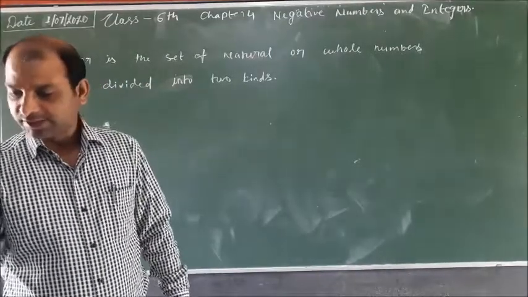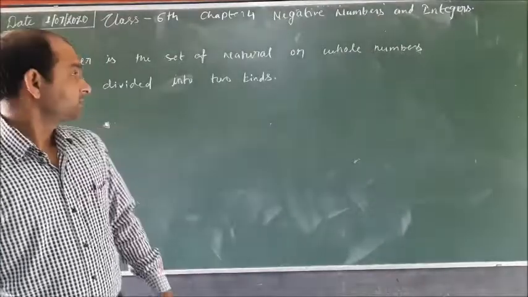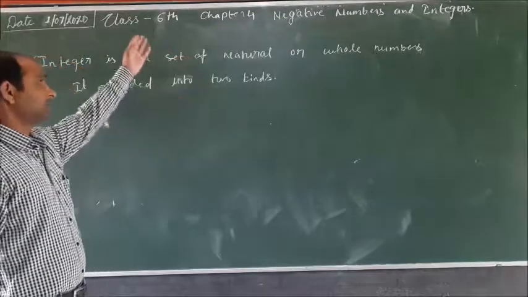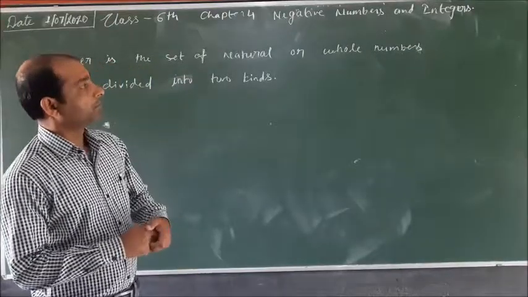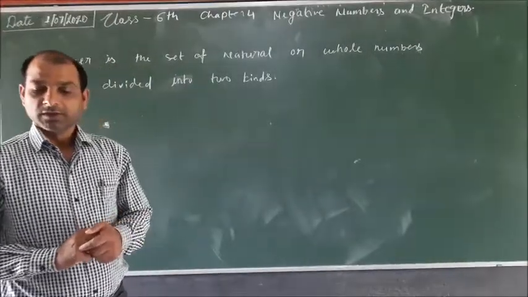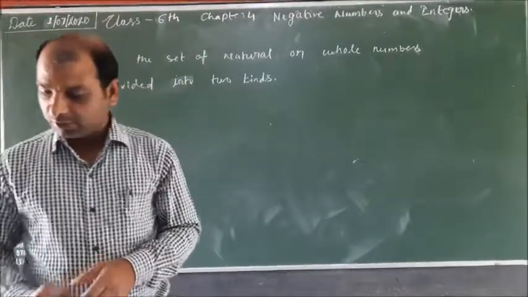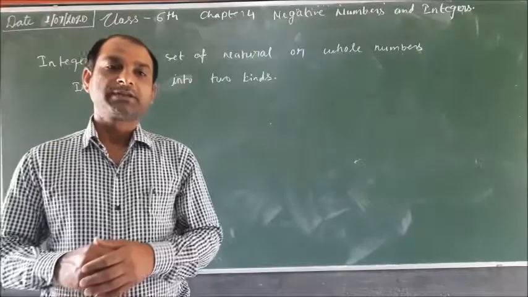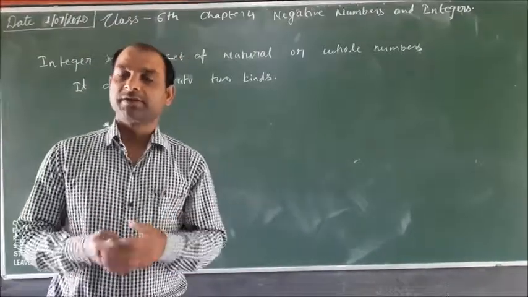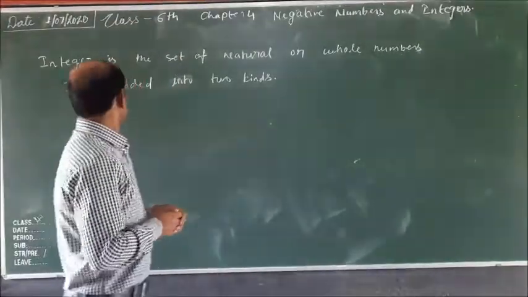Today we start chapter 4 of class 6, and the chapter is negative numbers and integers. First I will tell you what an integer is and how many kinds of integers there are.